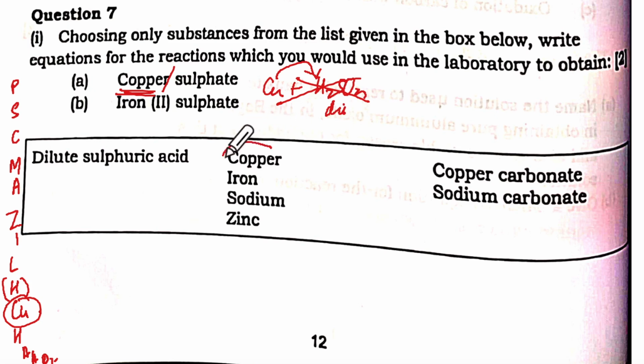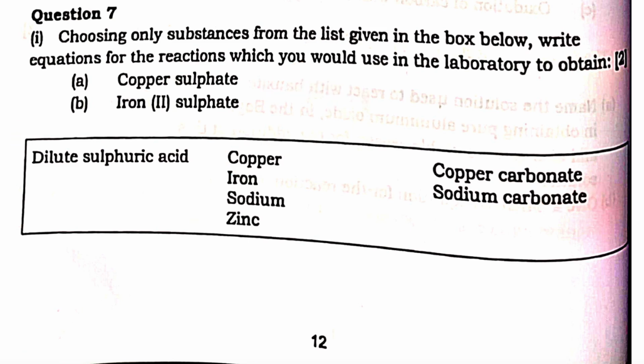So I will take copper and I will take sodium carbonate. No, it will not work. But I could take copper carbonate. For copper, I will take copper carbonate, and for sulfate, I will take dilute sulfuric acid. Can you see that?